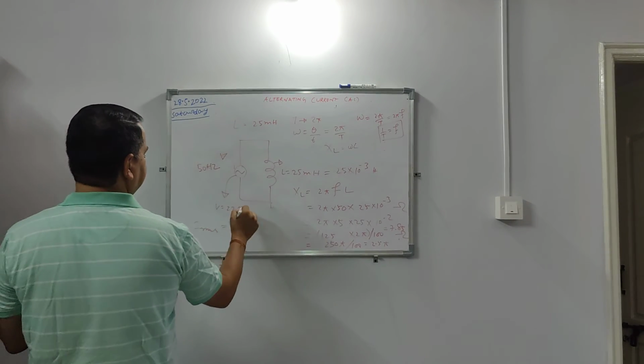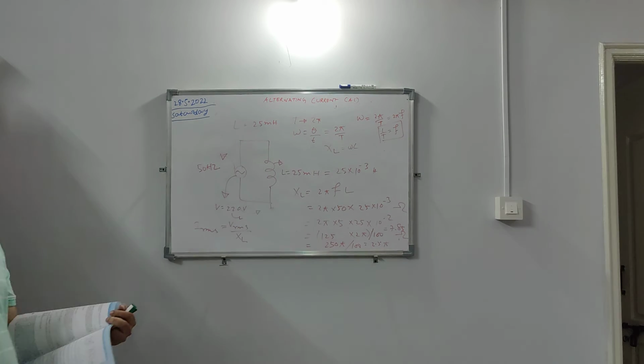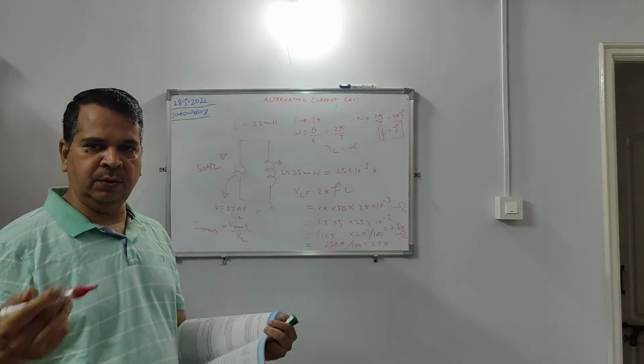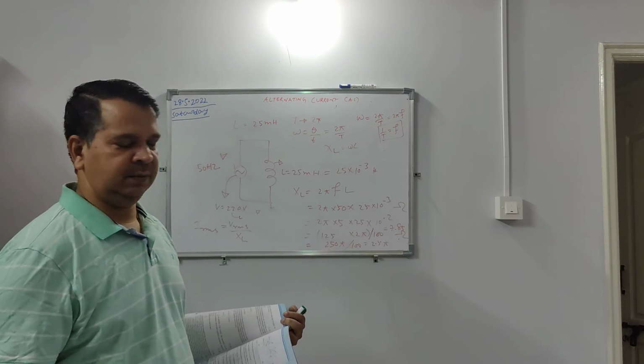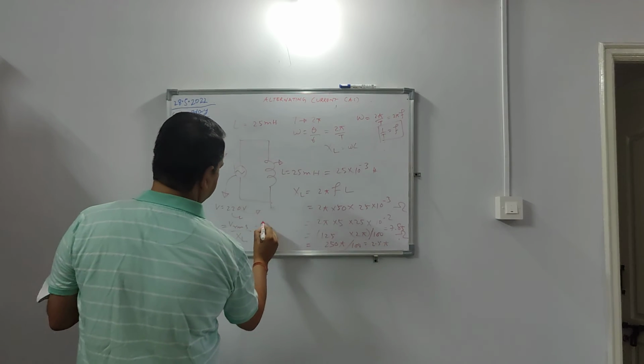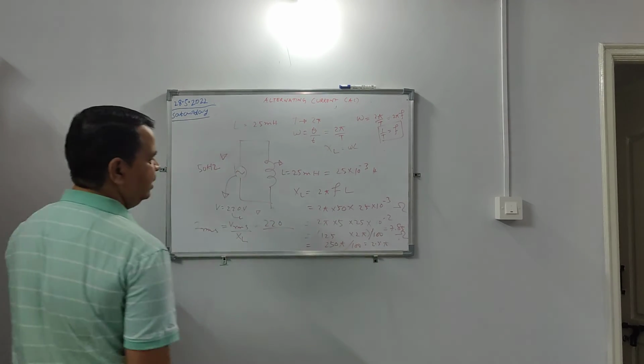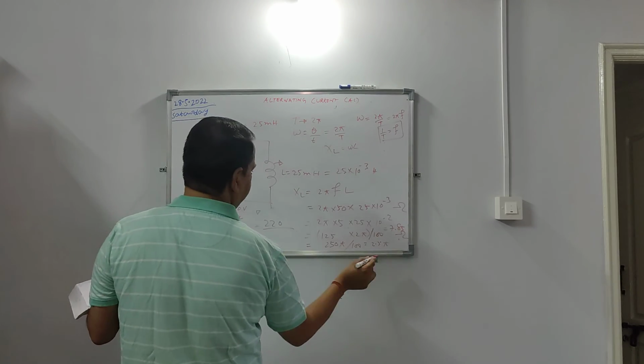So what is VRMS? This is tricky here. Whatever power supply you are getting at your home, that is nothing but your VRMS. Understood. So this VRMS is 220 divided by your inductive reactance.